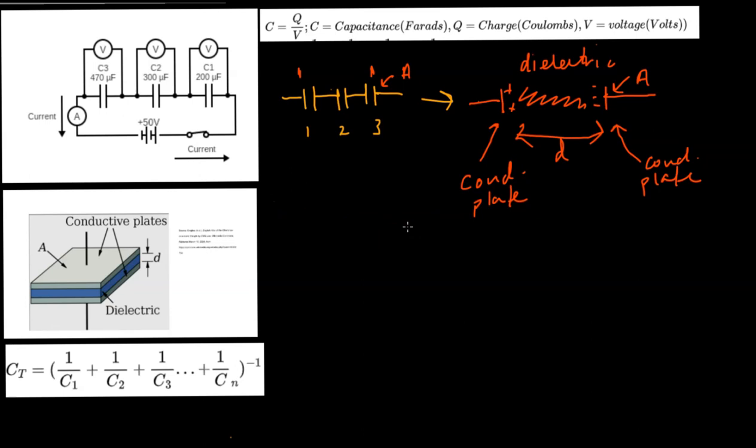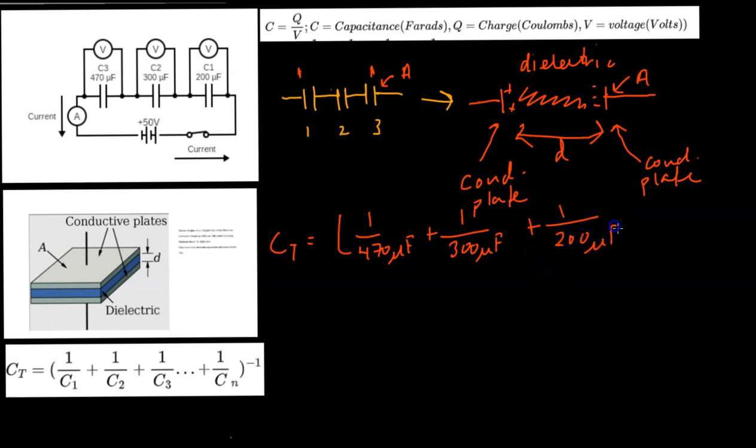Just because, let's move it lower. CT is going to be 1 over 470 microfarads plus 1 over 300 microfarads plus 1 over 200 microfarads.